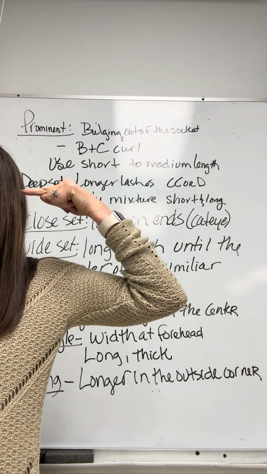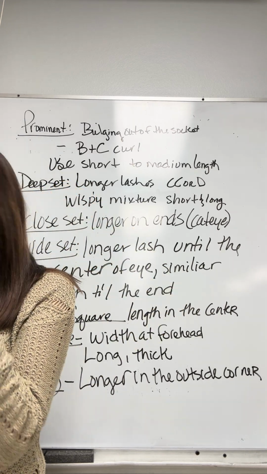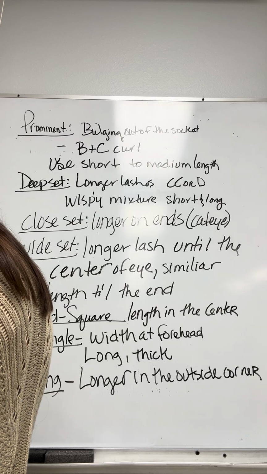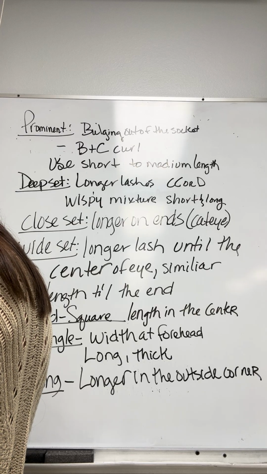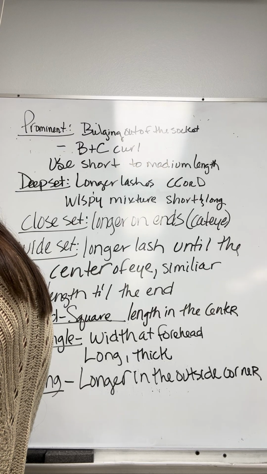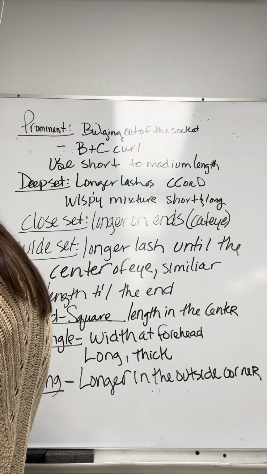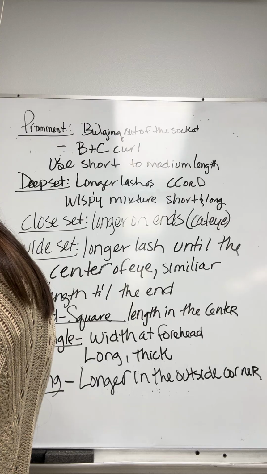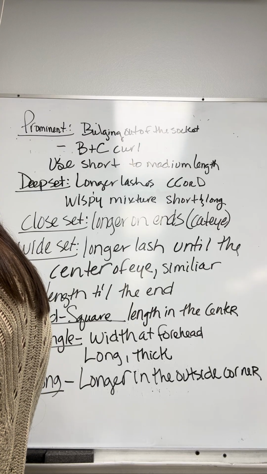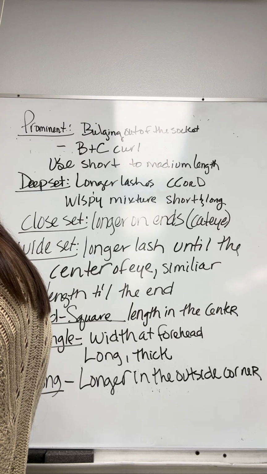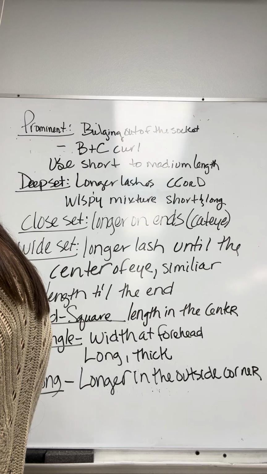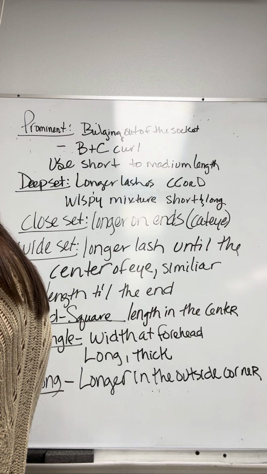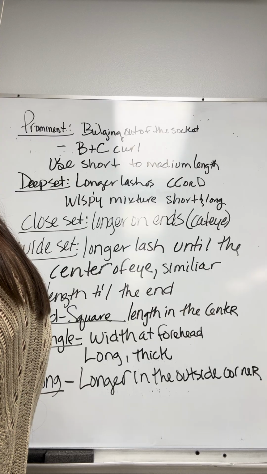So right through here, they have the same shape. And what it suggests is longer lashes on the outside corner of the eyes, or using long, thick lashes across the entire eye, okay? So accentuate both diamond and heart-shaped faces by using longer lashes on the outside corner or by using long, thick lashes evenly across the eye.